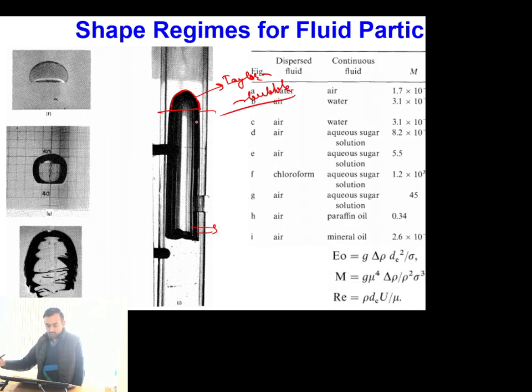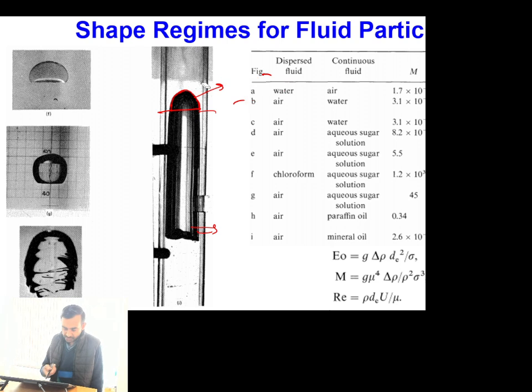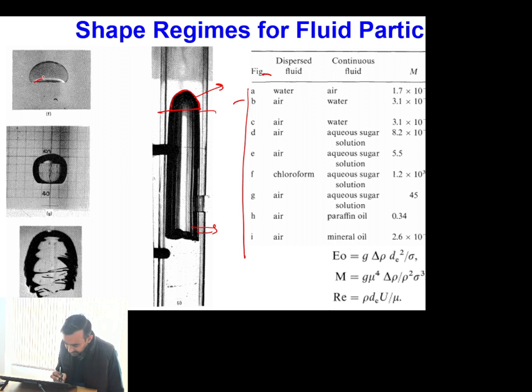Now, corresponding to these different scenarios F, G, H and I, different fluid combinations and their corresponding properties are given. Here you can see this bubble is again a spherical cap, but it has some dimple at the tail.